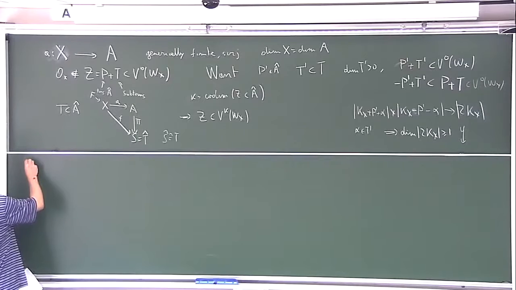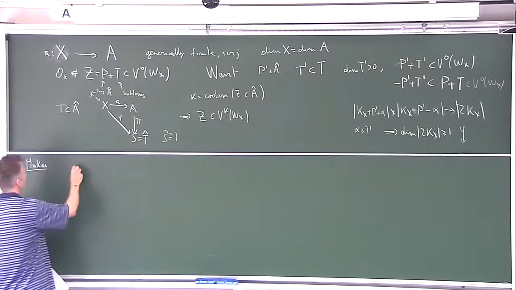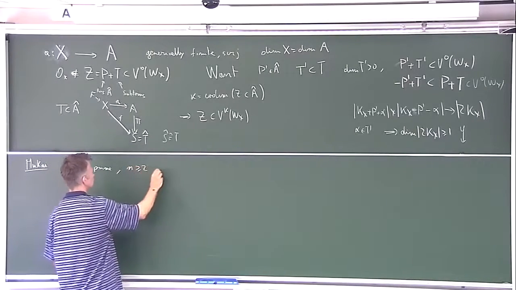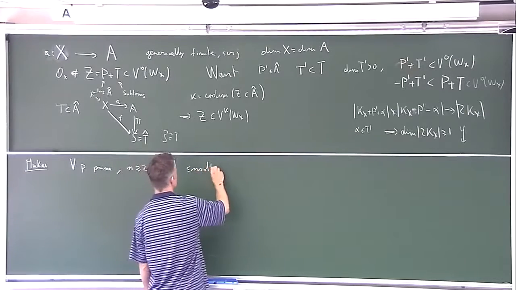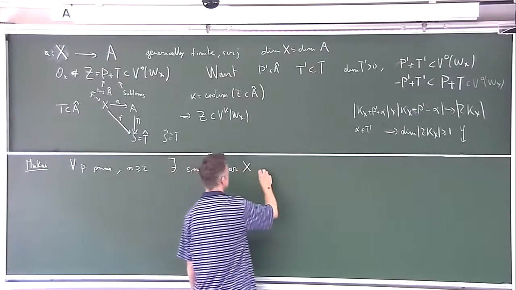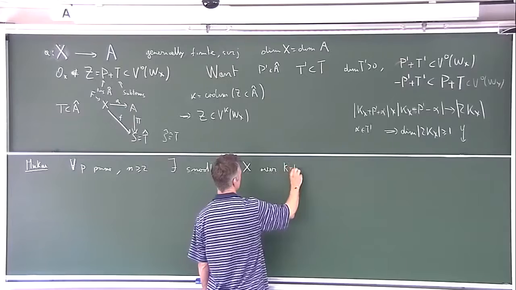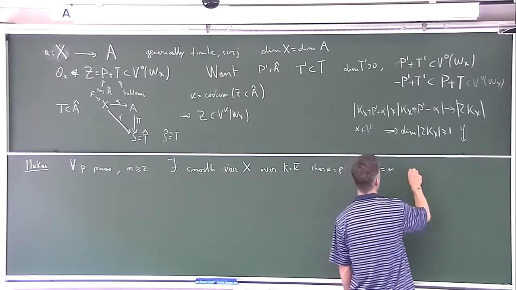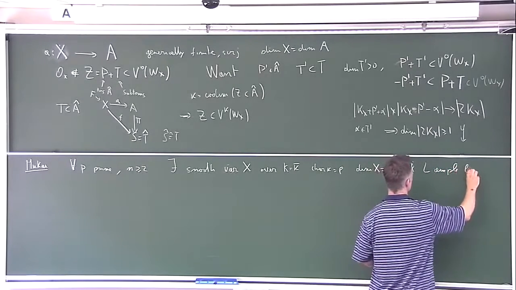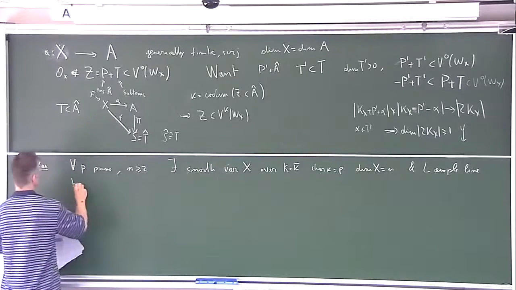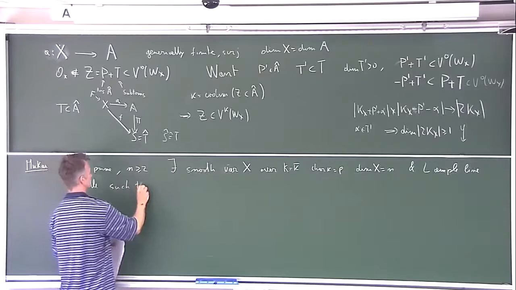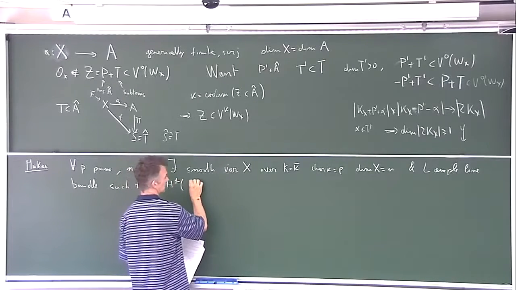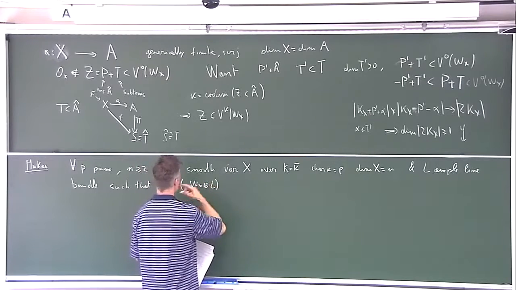However, it is well known, so in this form I think it's due to Mukai, for any prime number and any integer n greater or equal to 2, there exists a smooth variety x over an algebraically closed field of characteristic P, where the dimension of x is n, and L an ample line bundle such that, in fact, I think you can take H1 of omega x tensor L is not equal to 0.